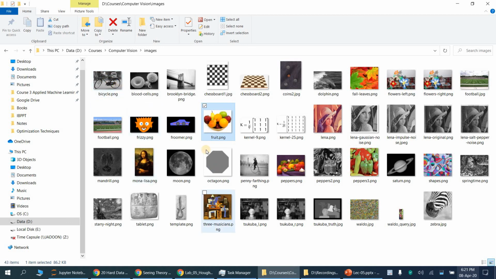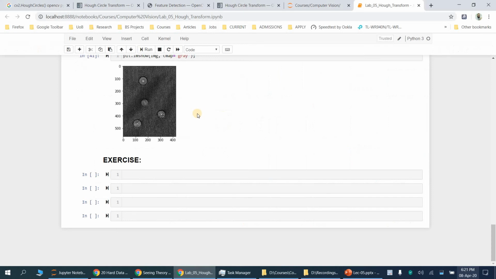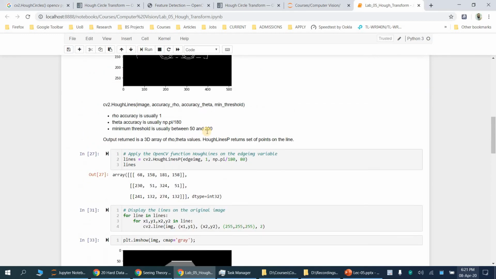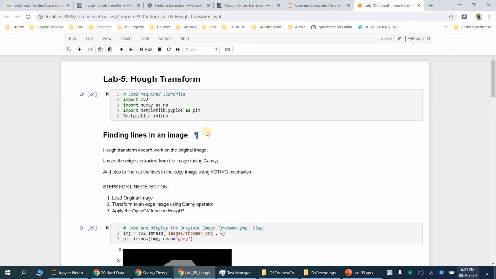And for the line, you try to use these two images, football and this Brooklyn Bridge. You try to convert them into edge images, and then see how many lines you can get from these images. So this is our second and last part of the Hough transform. Next time we will move on to the next topic of geometric transformations.